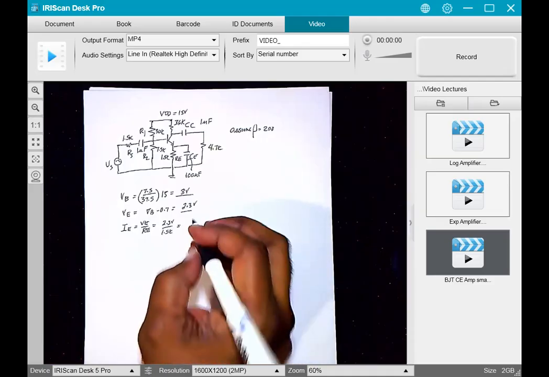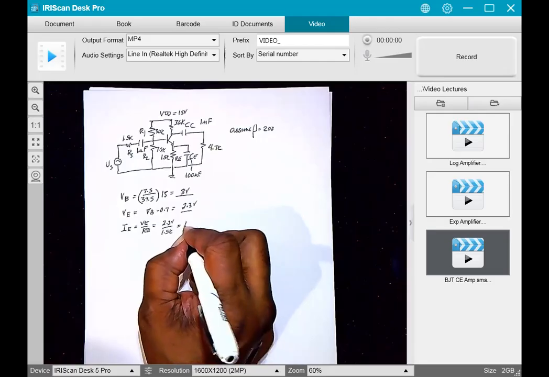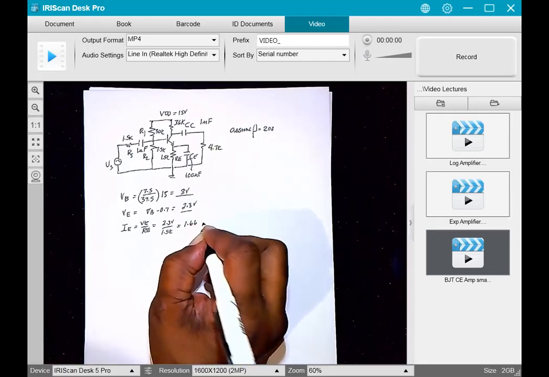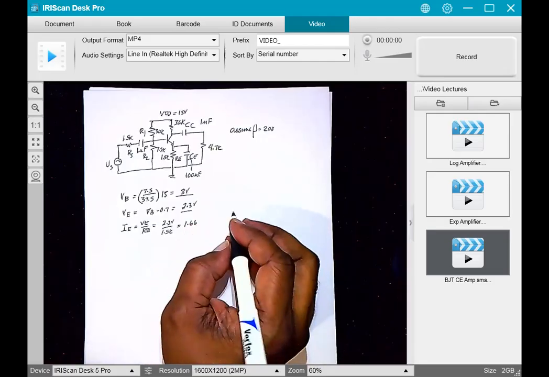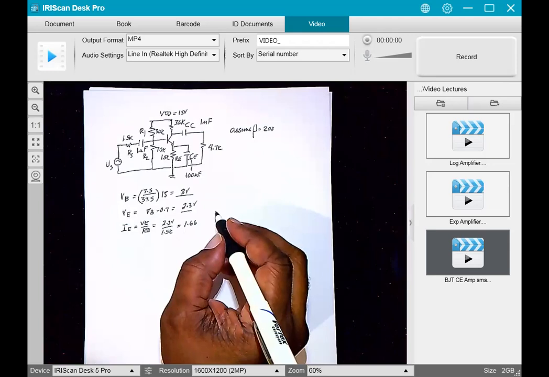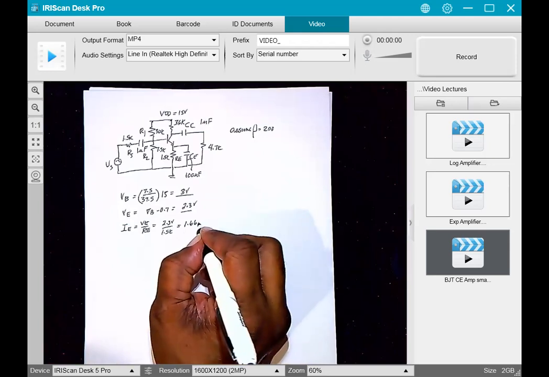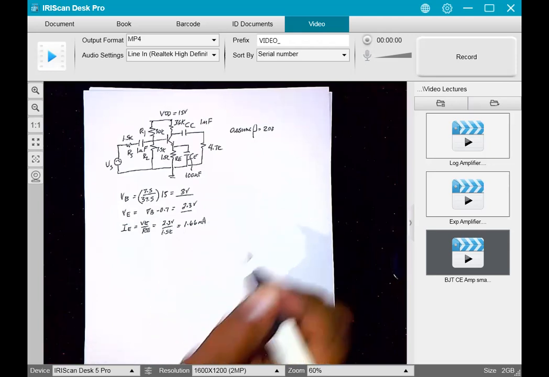That's 1.66, or you want to do 1.67? 1.66 is good. What's the units? Milliamps. There you go.